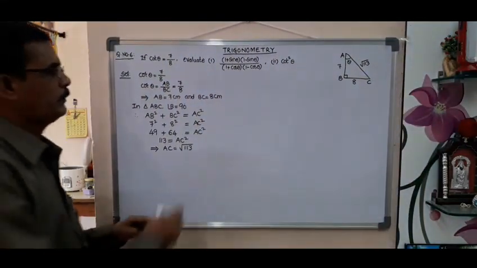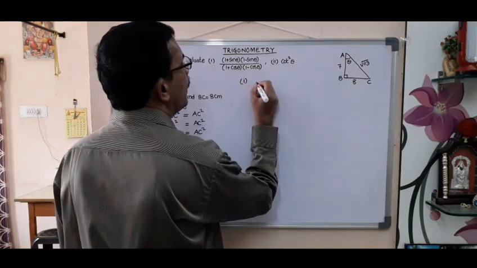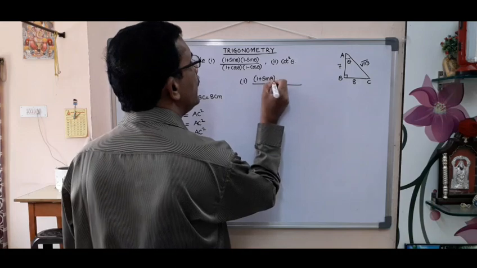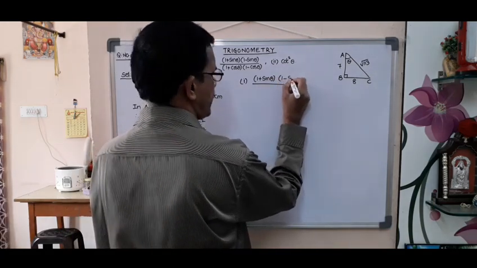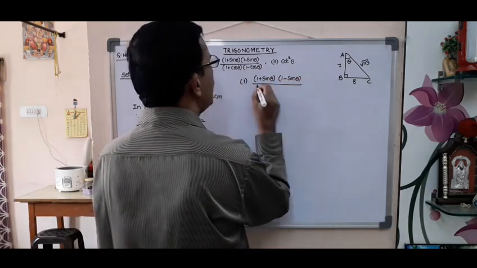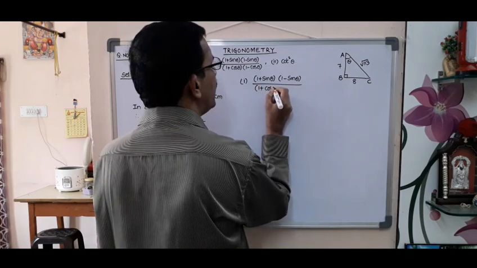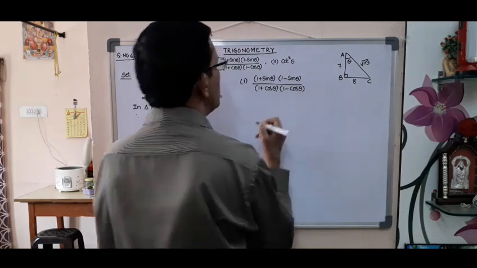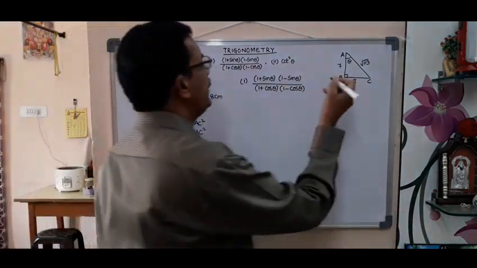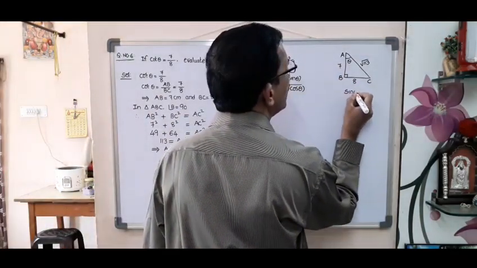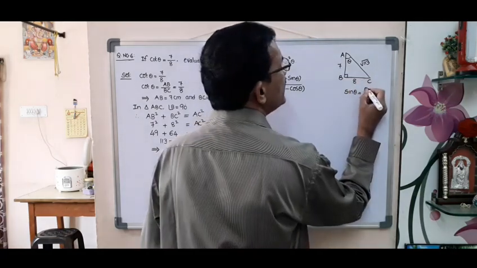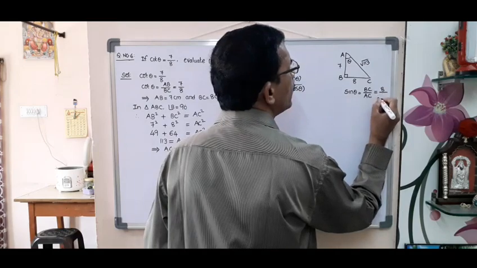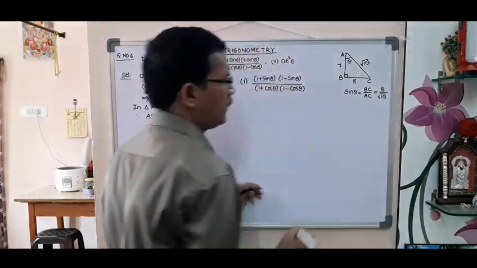Now the first question: (1 plus sin theta)(1 minus sin theta) by (1 plus cos theta)(1 minus cos theta). Substituting values. Here sin theta is BC by AC, equal to 8 by root 113.